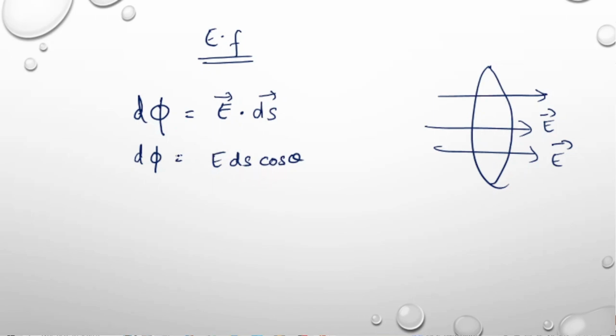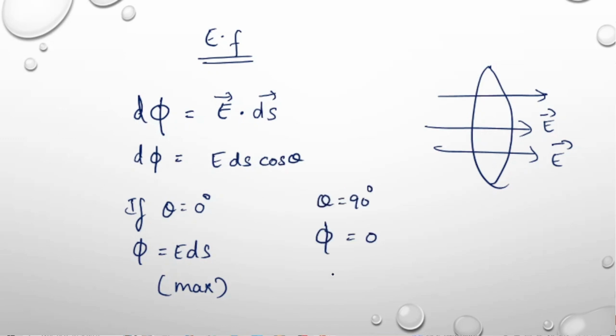If it is a cross product, you use sin theta, right? You remember. Now if theta is equal to 0 degrees, you get flux equal to E ds, which is going to be maximum. If theta is equal to 90 degrees, flux is equal to 0, that means it is the minimum value.